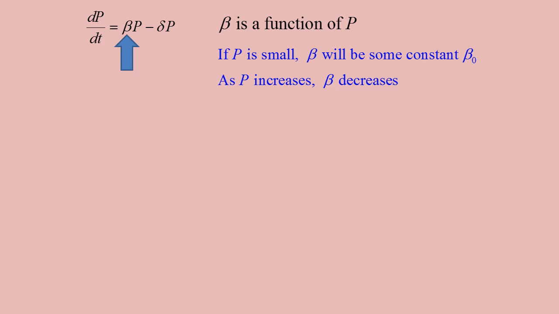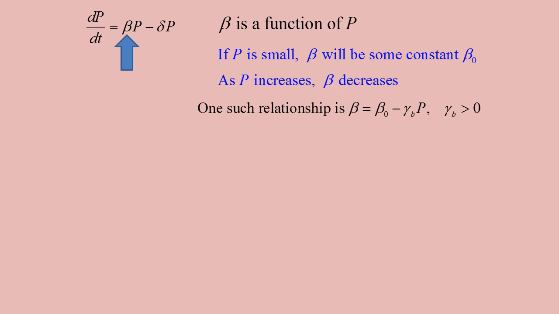And again, that's because as it gets larger, oftentimes populations have more problem reproducing, and so the rate is going to change by getting smaller. Now here's how we will write that. Our beta is equal to beta naught minus some constant times P.